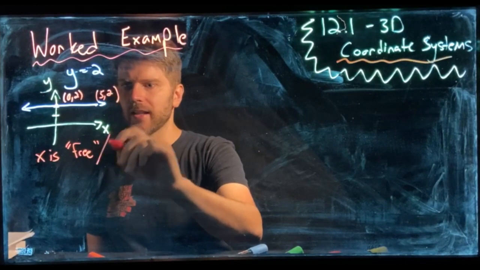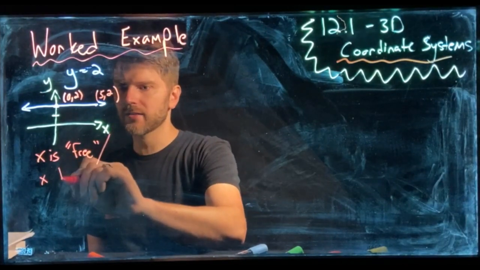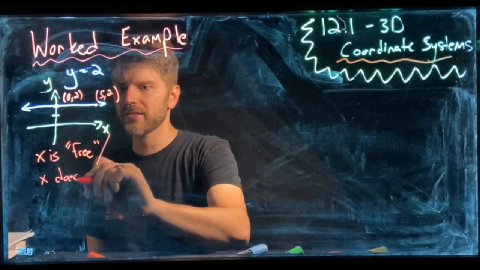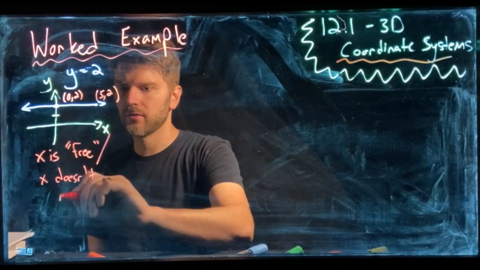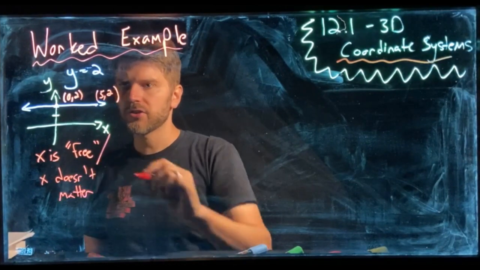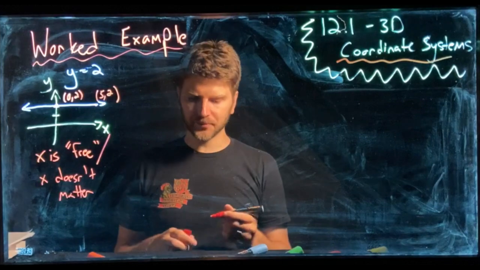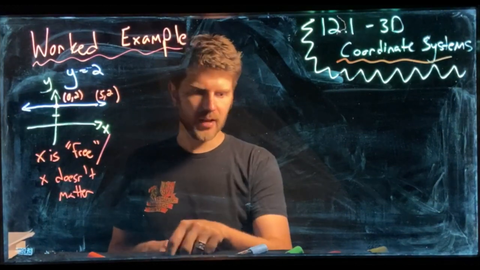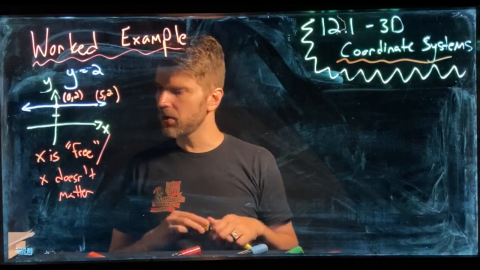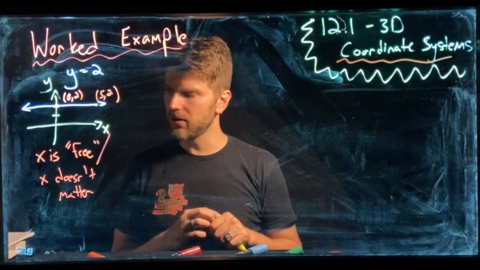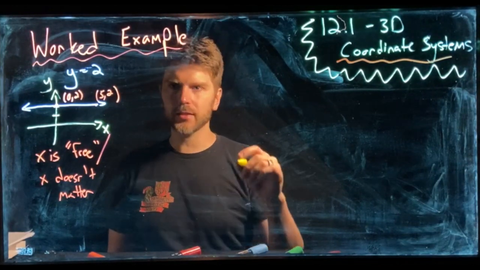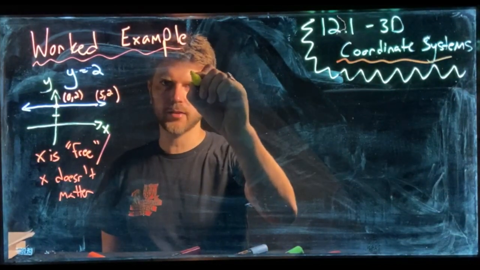You could also say like x doesn't matter, or x isn't in the equation. X is not constrained. So you get to kind of spread it all out in the x direction. And that's going to be a useful idea as we go into thinking about 3D. So let's draw ourselves some axes here.